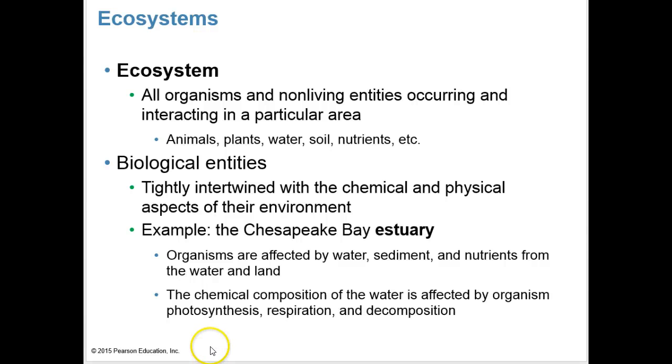The Chesapeake Bay area that we started the chapter with is actually an ecosystem called an estuary, an area where fresh water flows into salt water. With their problems with oyster populations, we've seen how tightly intertwined the living things are with their physical environment, and how much they can be affected by things like pollution and excess nutrients.